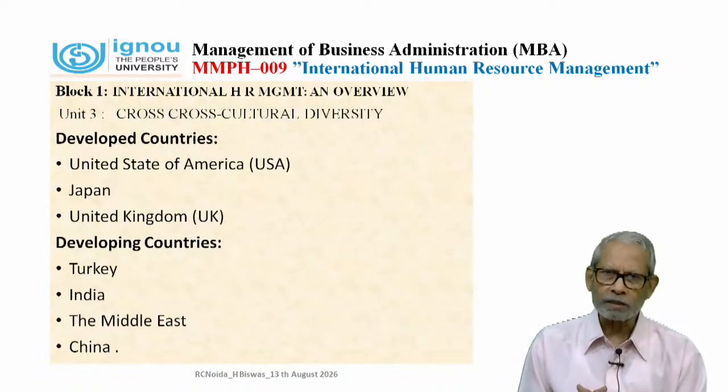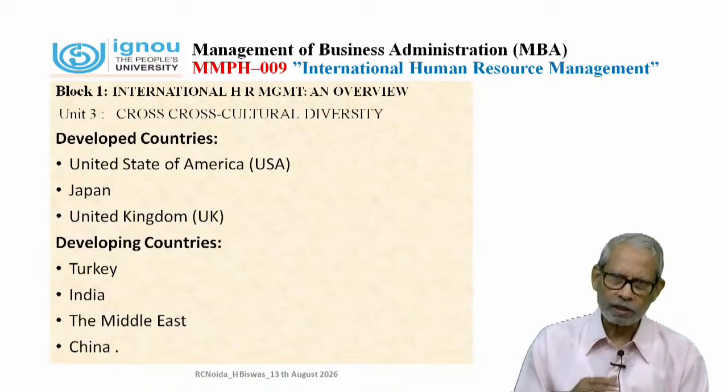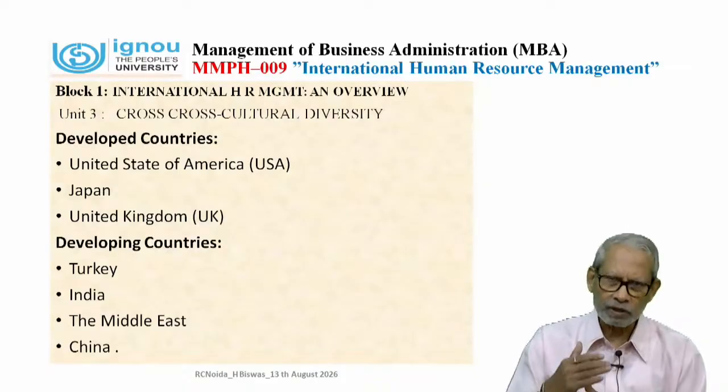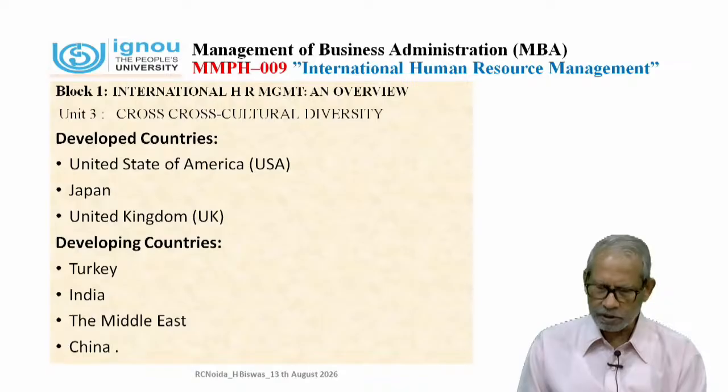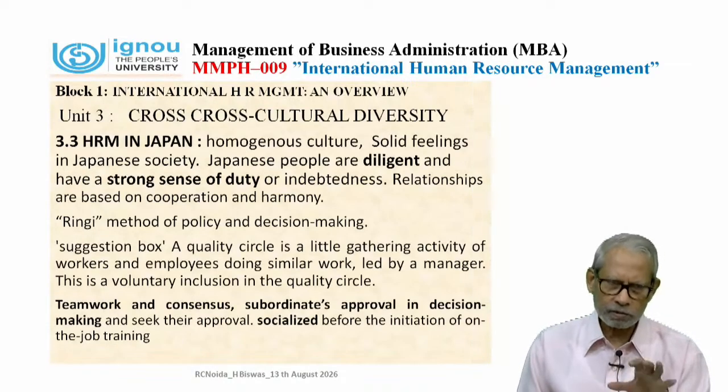So, developed countries, here actually the United States, Japan, the United Kingdom, and developing countries like Turkey, India, the Middle East, China, what their practices are and what steps they have taken for cross-culture diversity, that is highlighted.